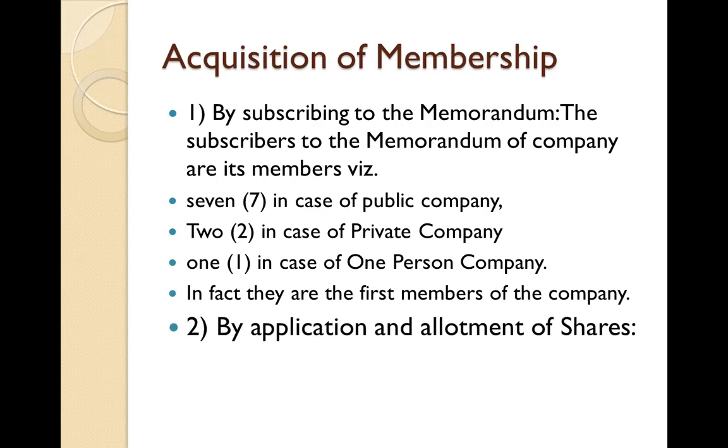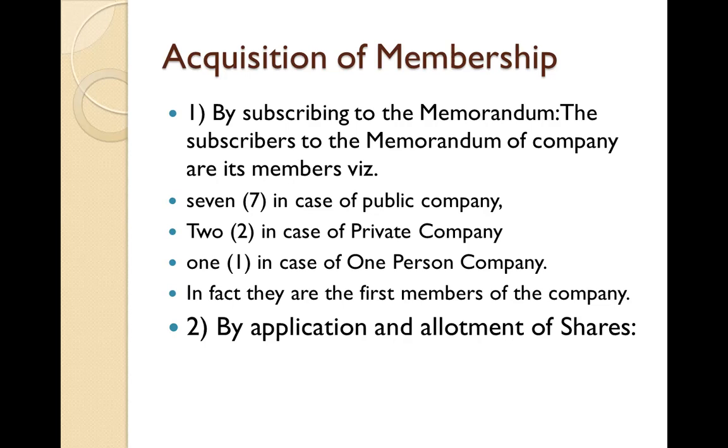By applying for shares and after sanctioning the shares, that is, the allotment of shares, there is an acquisition of membership. Application is a written contract. After the written application, if the company sanctions the shares, the company can allot the shares.